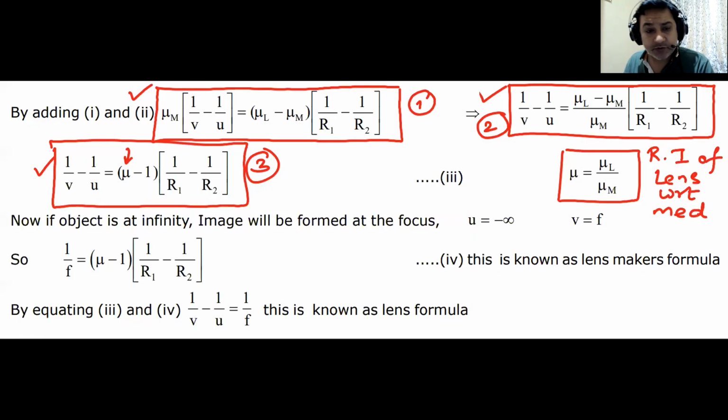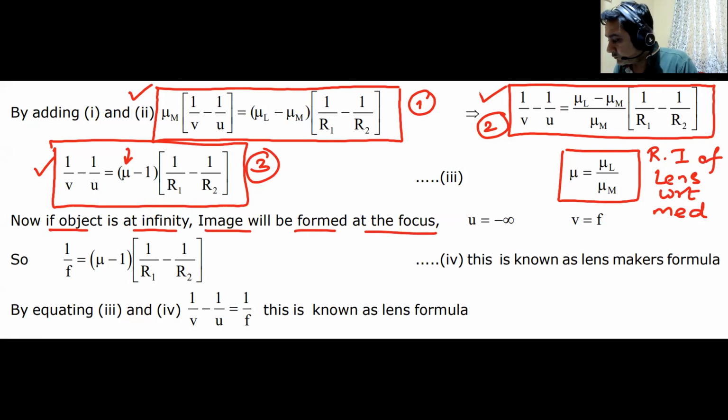So you have done the three variations of the lens maker formula, and now look at what I am going to show you very carefully. If the object is at infinity, where is the image formed? If the object is at infinity, whether it's a convex lens or a concave lens, where is the image formed?